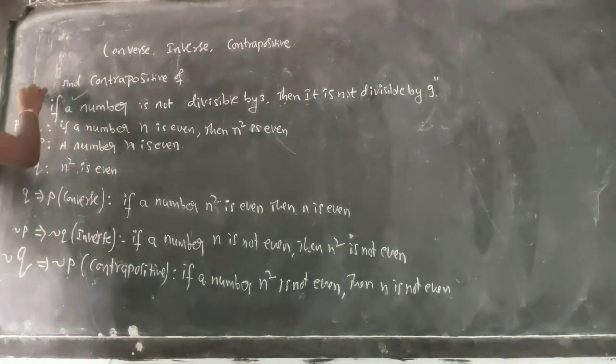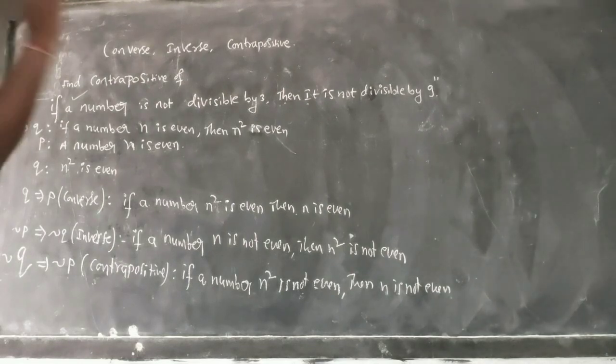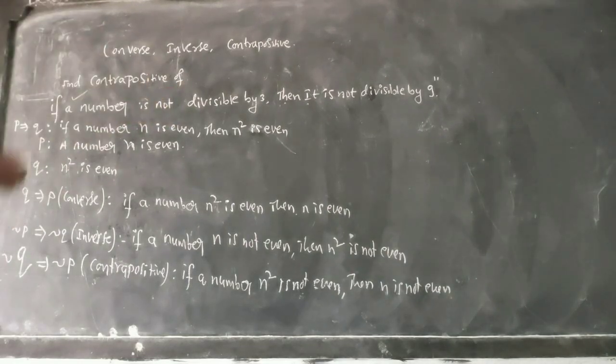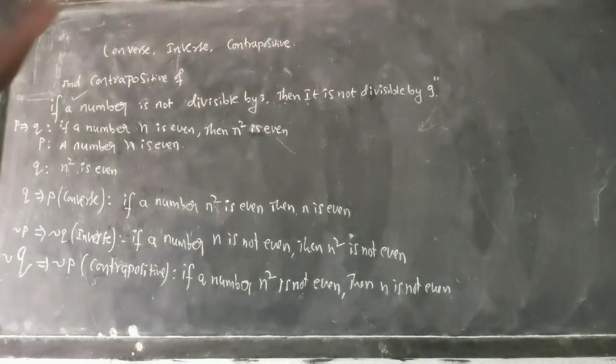In the same way you can write for the other one. This is homework for you: if a number is not divisible by 3, then it is not divisible by 9. What is the converse of this statement? If a number is not divisible by 9, then it is not divisible by 3. Converse means Q first, next P. What is the inverse of the statement?